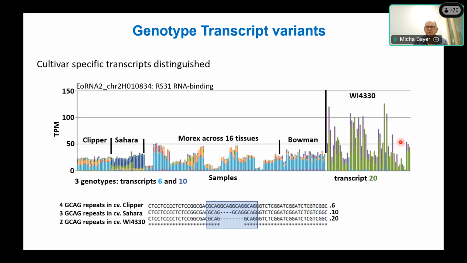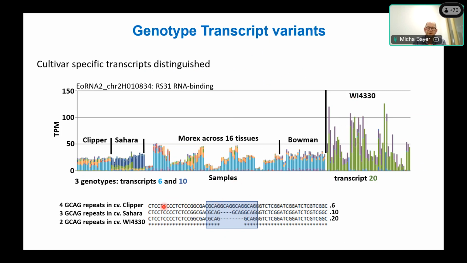But then if you go into other data sets, you'll find other genotypes, and they have a completely different type of transcript, which is in this WI4330. The nice thing is you can link up with some of the genomic data, and you can also identify some of this variation and how it lines up.